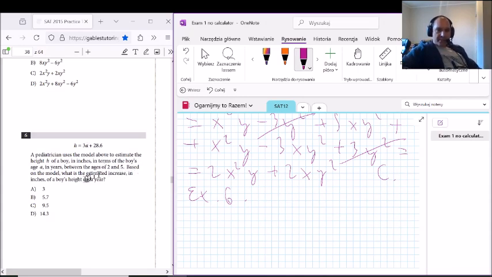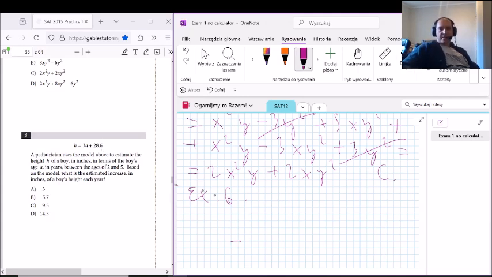Okay, so the question is how much it increases each year. Well, we can see that h is a linear function of a. So height is a linear function of age. I'm not sure if it's very realistic, but this model is very simple and easy to work with. With linear functions, if you increase your argument by 1, then the value of the function changes by its slope.